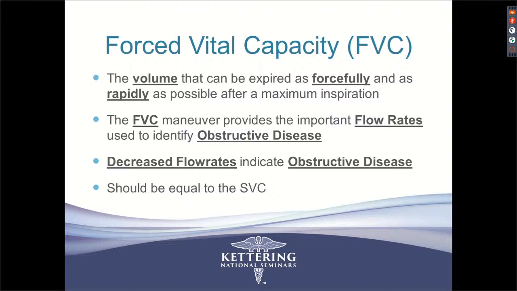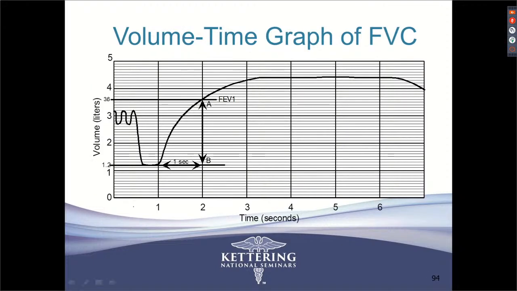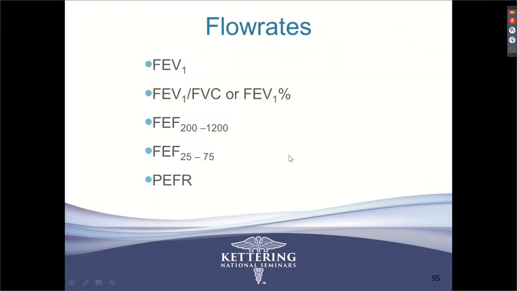And as we're going to talk about here in just a second, under letter D, the following flows can be measured. We've already mentioned that. We've already got the graph there. Letter E at the very bottom there, on top of the graph, letter D, the FVC is not a flow. Remember that forced vital capacity is not a flow.